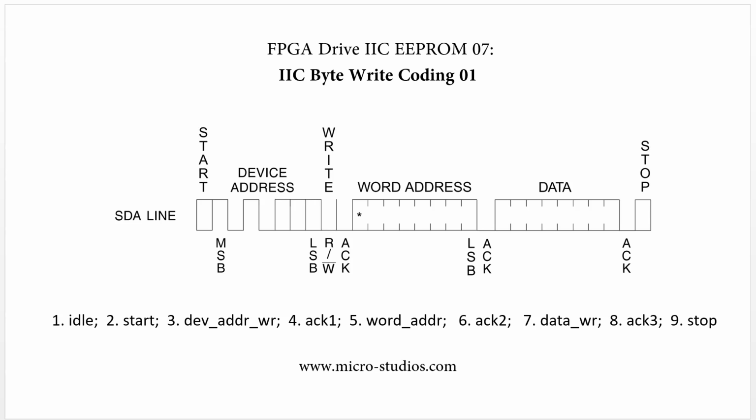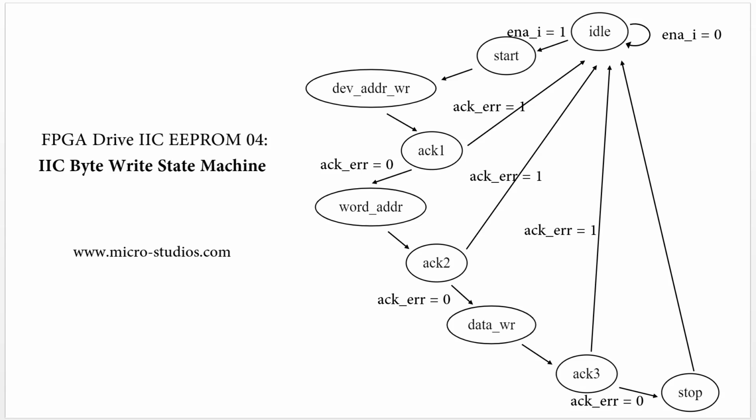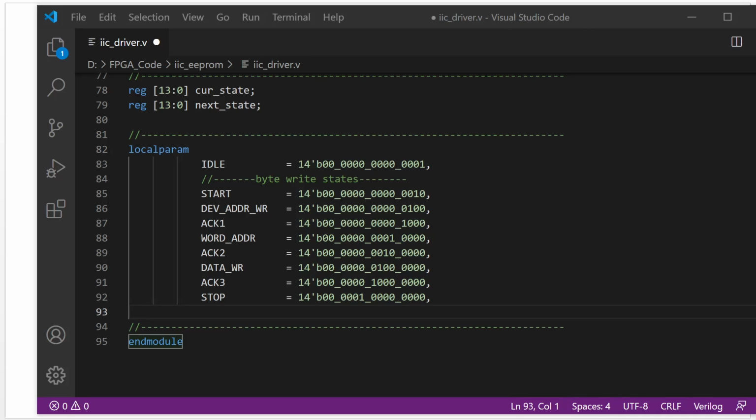Next we will focus on the state switching. This is a state machine, so we will focus on how we switch between the states. We use three always blocks for the coding. The first always block is like this.